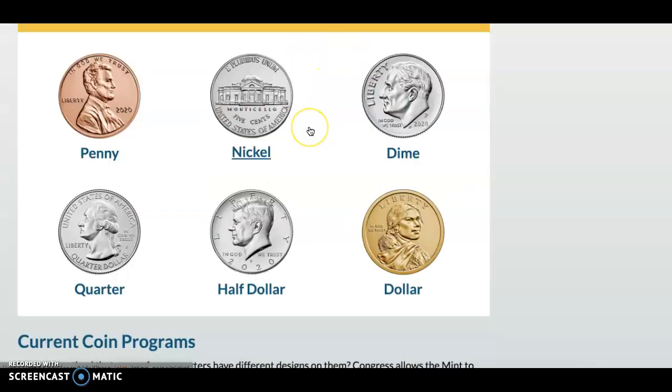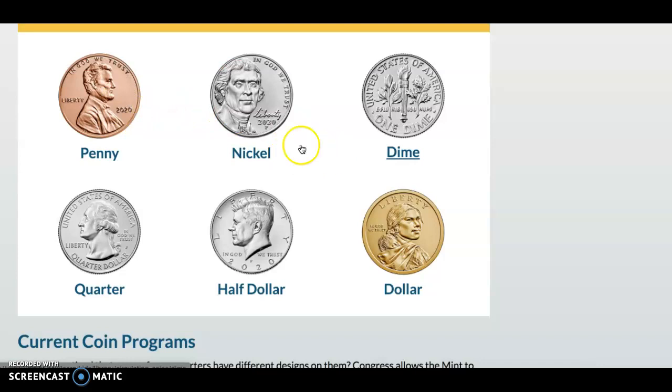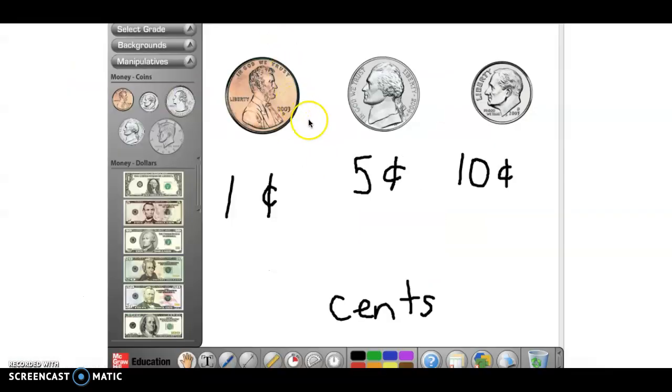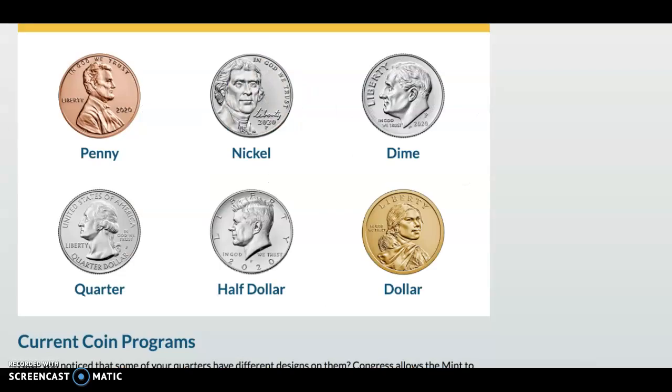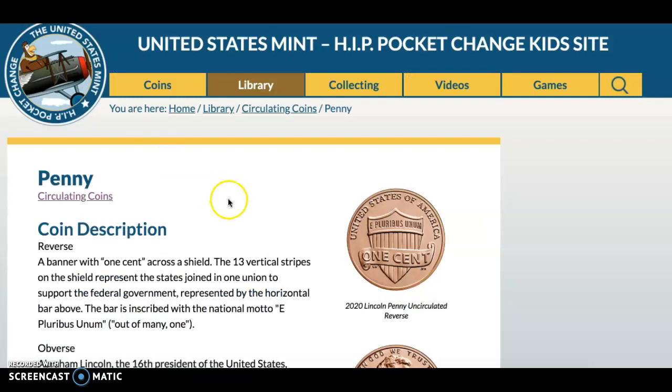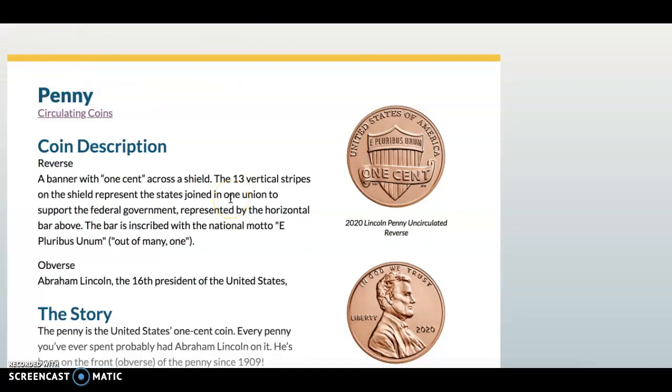Now let's take a look at this U.S. Mint website. These are the most current. You'll notice from the pictures that not a lot has changed, but the United States Mint has changed some of the coins slightly. The penny, nickel, and dime are here at the top. I show you the penny because on the problem set you'll see the front and the back.